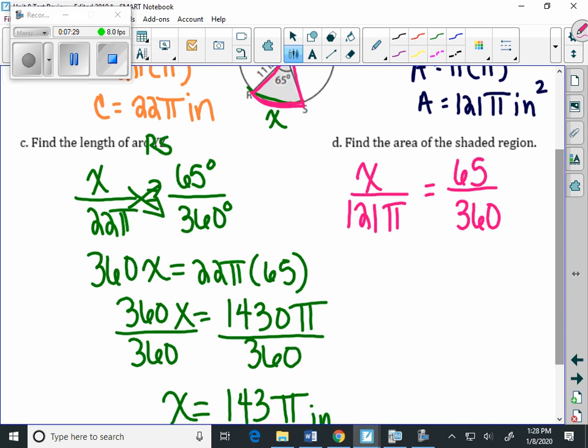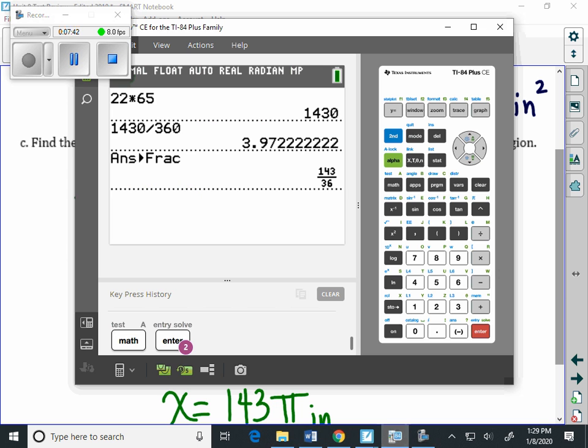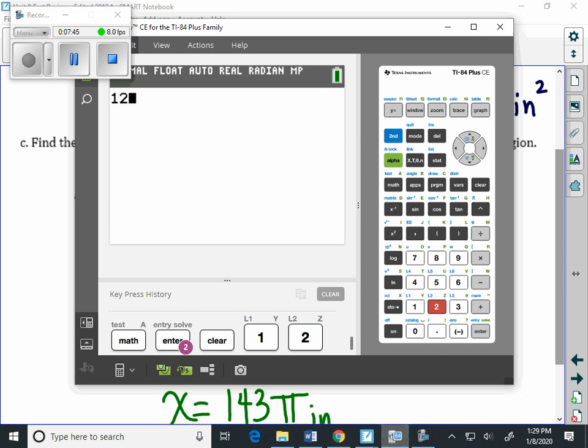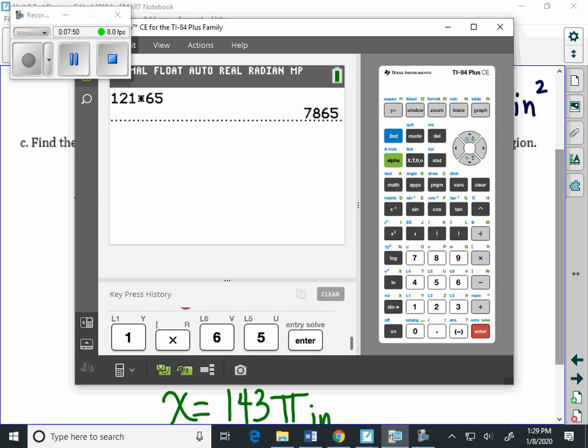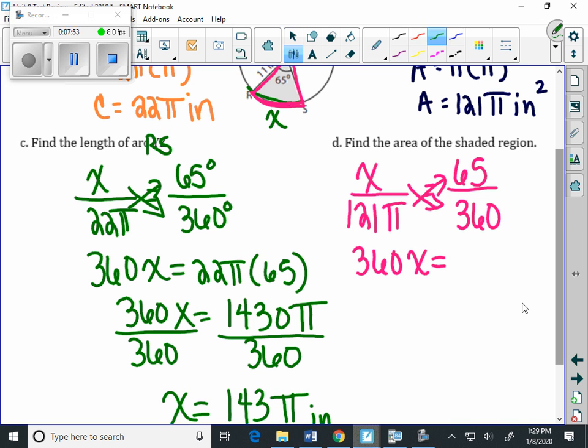So the measure of the central angle, or its intercepted arc, and we can cross multiply once again, and we get 360x equals, well, let's go type it into our calculator, 121 times 65 gives us 7,865 pi. Again, the answer does say to leave it in terms of pi. We can divide both sides by 360.